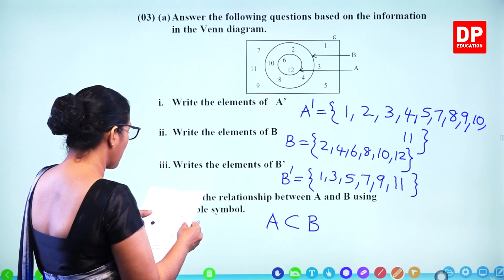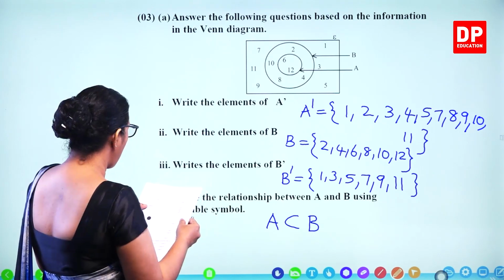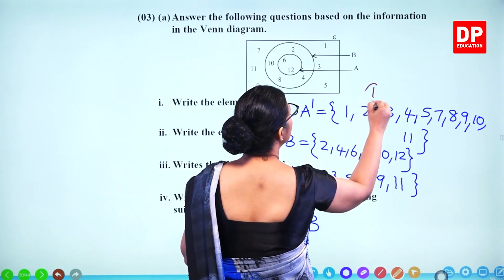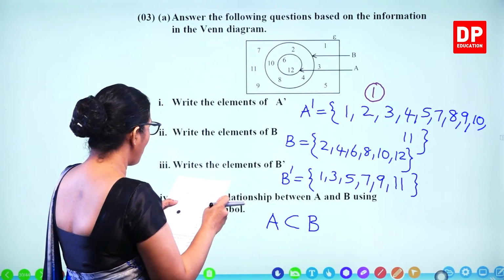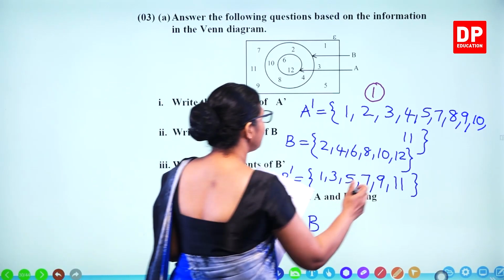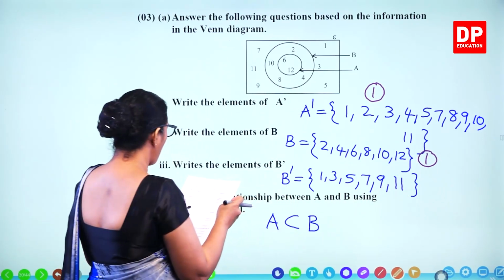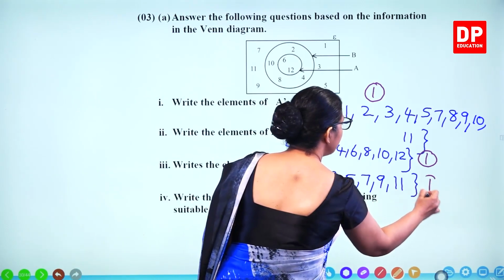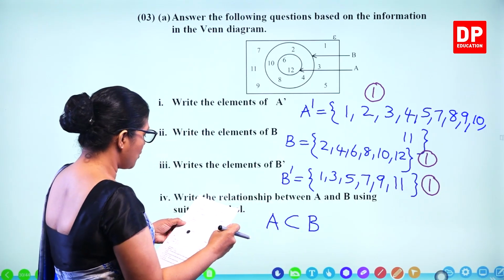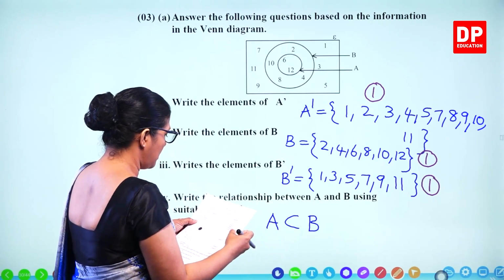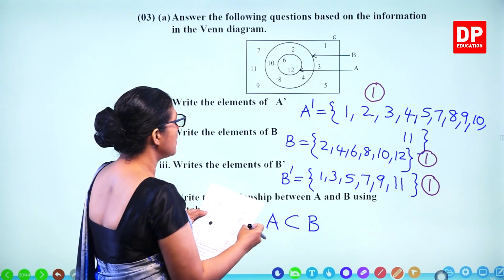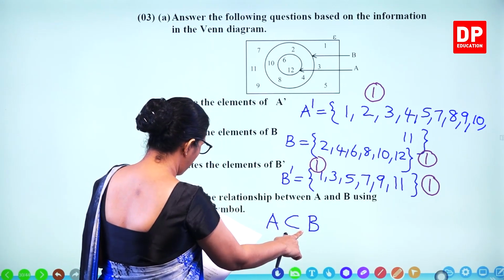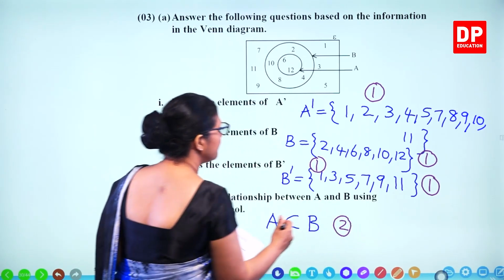Step by step. 1 mark for writing A dash. 1 mark for writing B. 1 mark for writing B dash. And A is a subset of B. For B dash you get 2 marks, not 1 mark. So another 1 mark there, and here a subset, that's 2 marks.